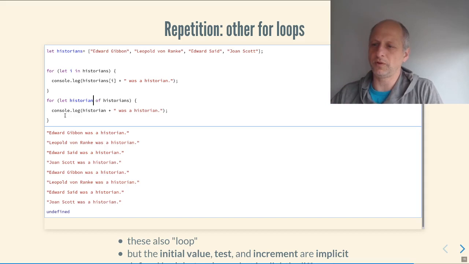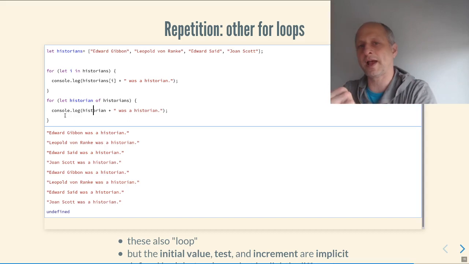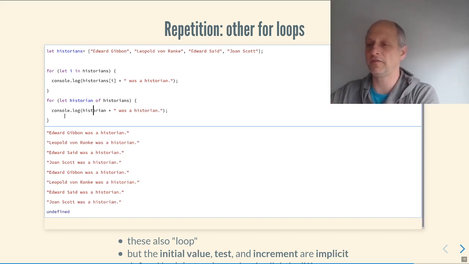The loop variable, the variable declared in the loop condition, will refer not to the position in the array, but to the actual element itself. So we'll go out and grab the element and be set directly to the value of that element.